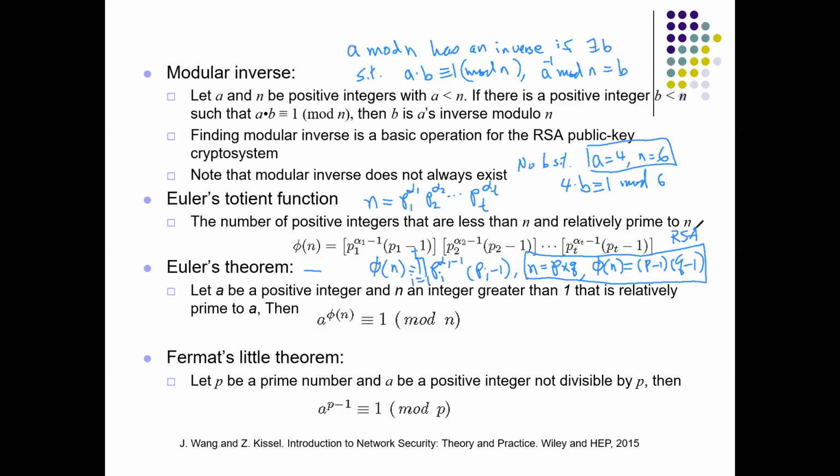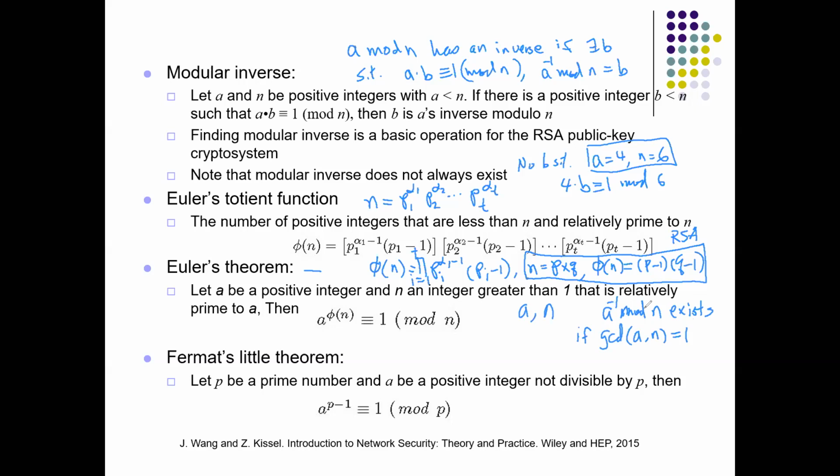All right, so once we define this phi of n, then Euler's theorem says the following. Given a and n, I want to know whether a inverse mod n exists or not. We'll say this exists if GCD(a, n) is equal to 1.